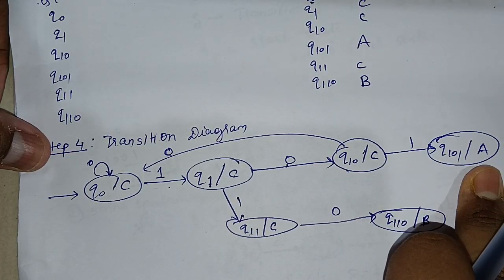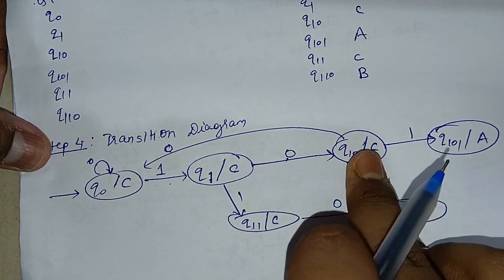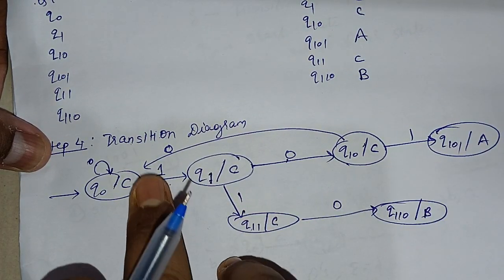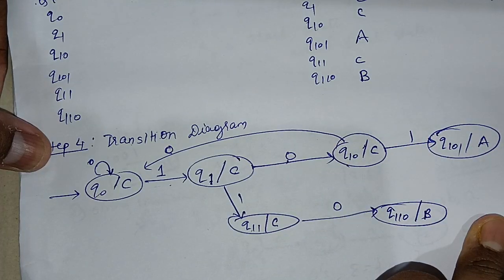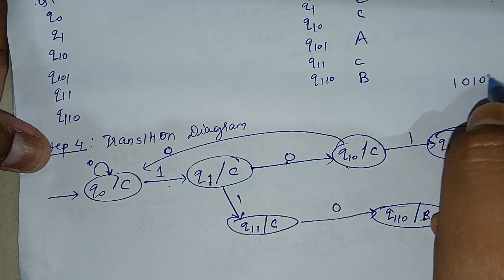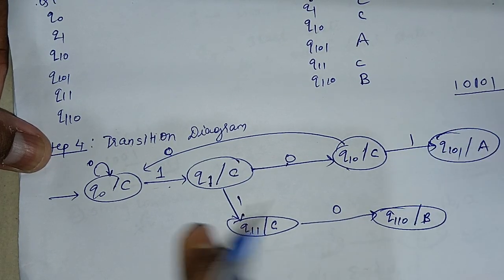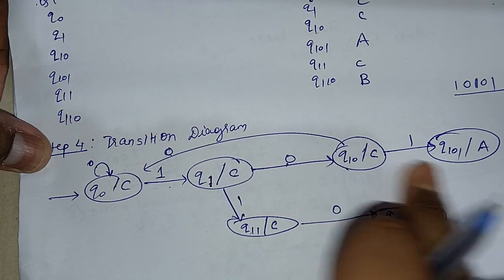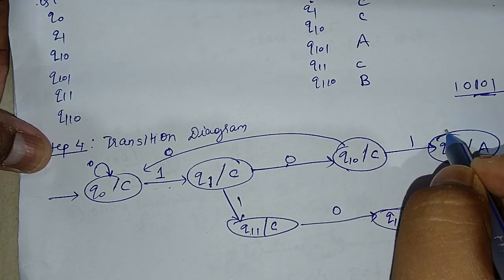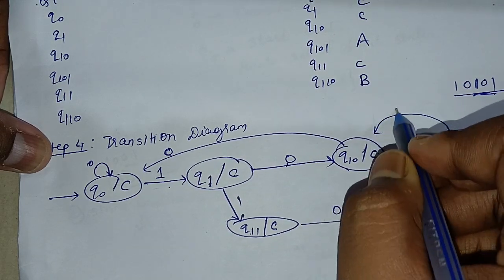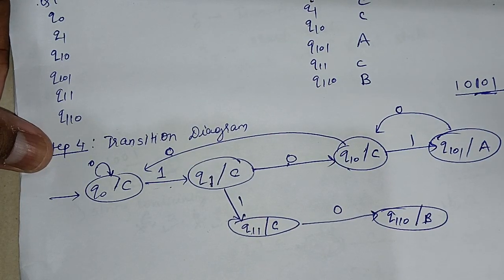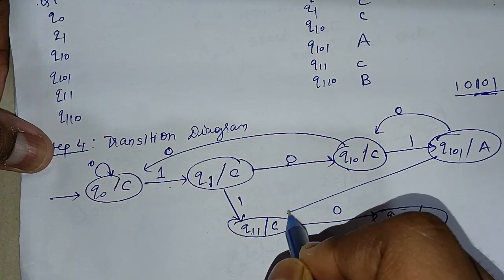When it receives 0, what will I do? You can call this also 10101, ending with 101. So 10101, I want this. I will make the transition of 0 to here, and the rest, 1, I will make the transition to here.